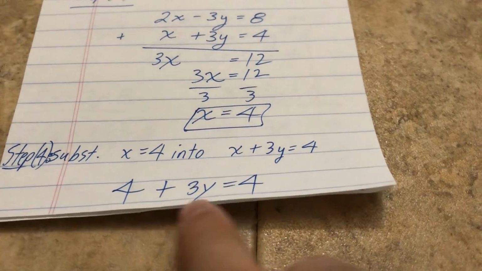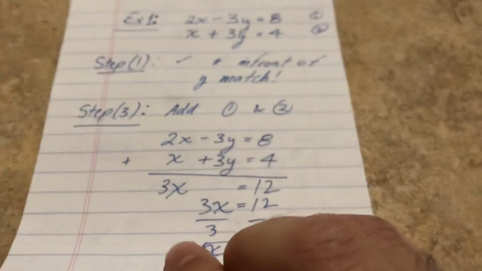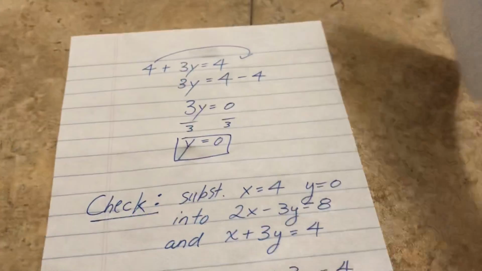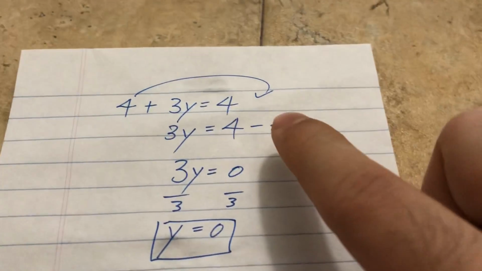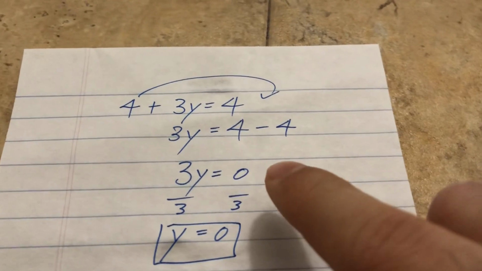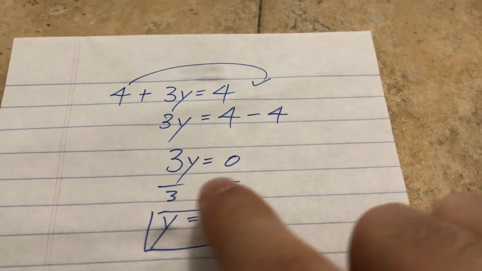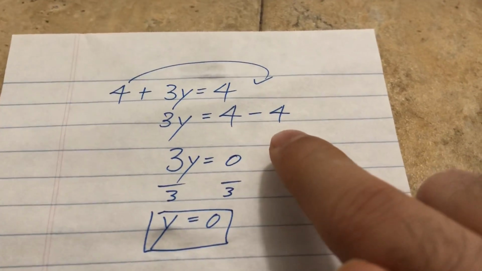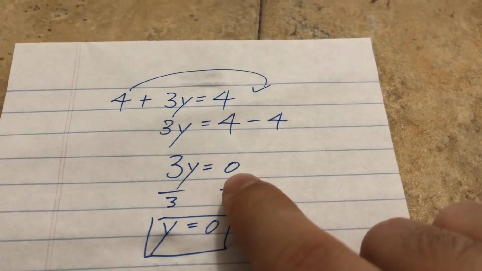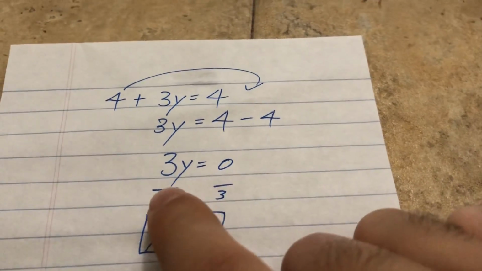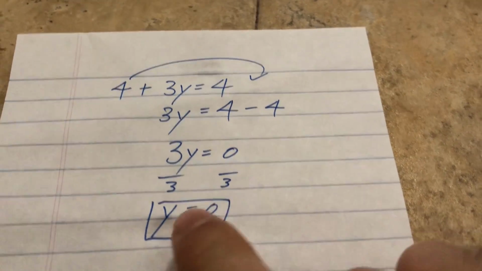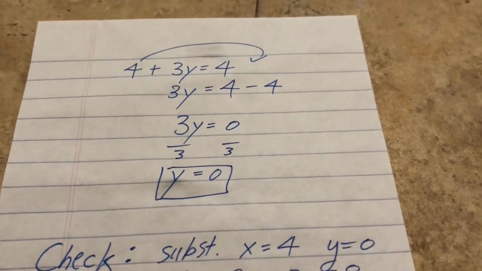And now I've got an equation for y, and I can isolate for y. So I do just that. I move the 4 over, which means I just subtract both sides by 4. And I get 3y equals 4 minus 4. 4 minus 4 is 0. So 3y equals 0. If I divide both sides by 3, I end up getting y equals 0.